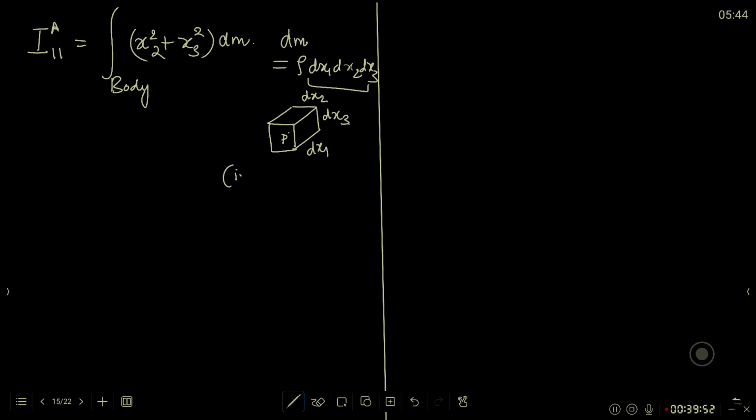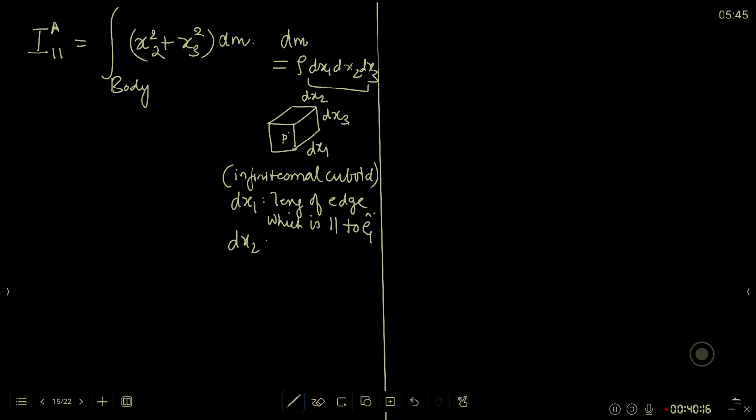And this infinitesimal cuboid had dx1 as the length of the edge which is parallel to E1, and similarly dx2 is the length of the edge which is parallel to E2, and dx3 parallel to E3.